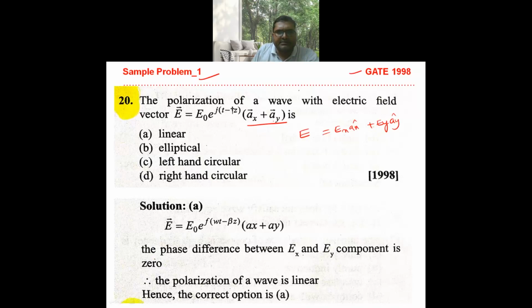The phase difference between them is 0. So it is linearly polarized. If the phase difference between them is a multiple of pi, then it is linearly polarized.